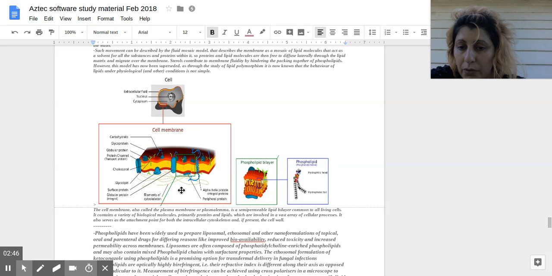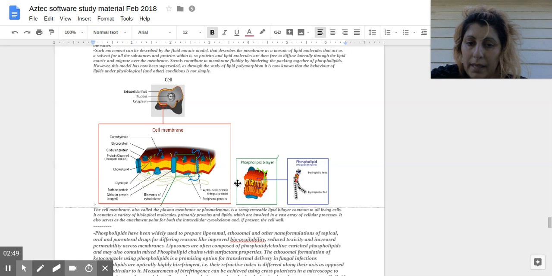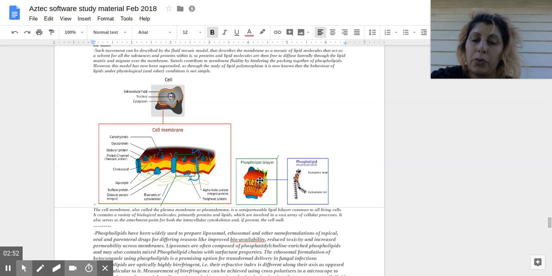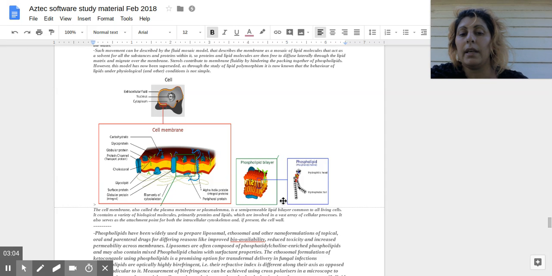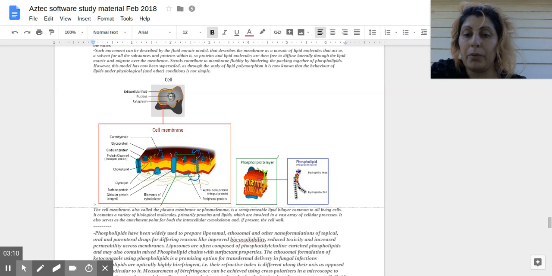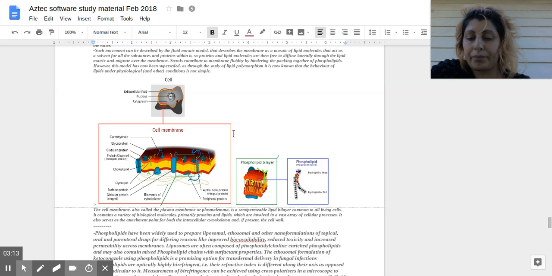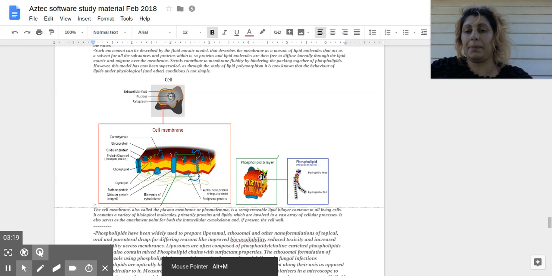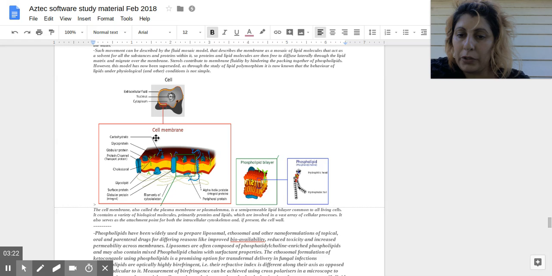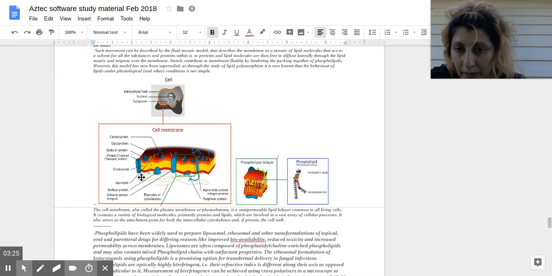The bilayer is two monolayers of phospholipid molecules on top of each other, with the hydrophobic tails facing one another and the hydrophilic heads facing the inside of the cell and the outside of the cell, the polar sides with the water soluble fluid. You also have in the membrane protein channels.